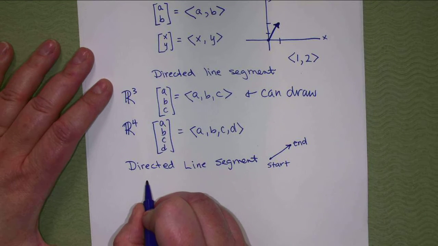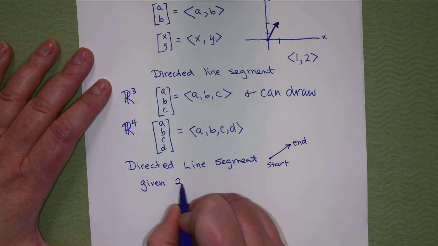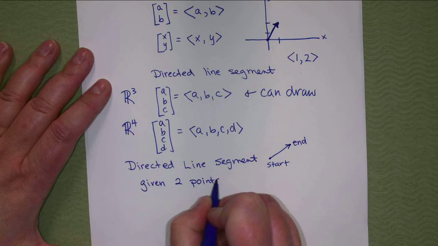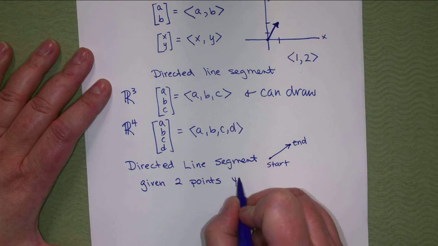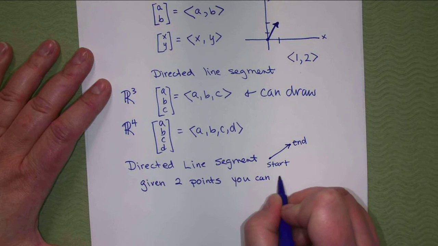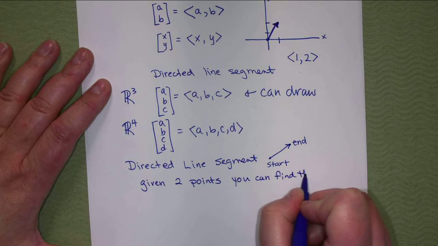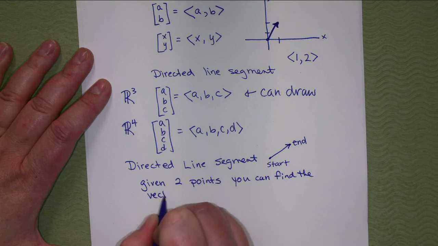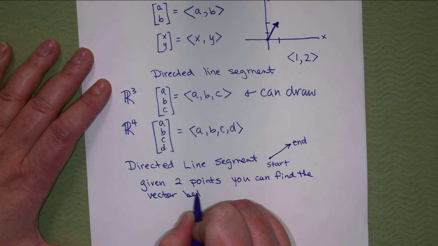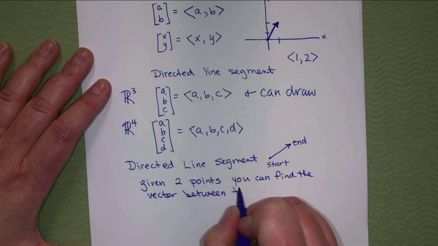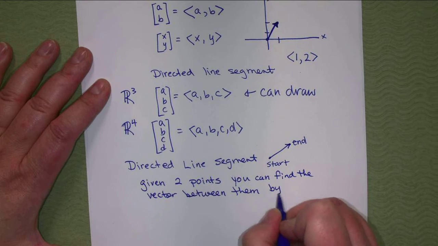To find that, say you were given 2 points, you can find the vector between them by subtracting.